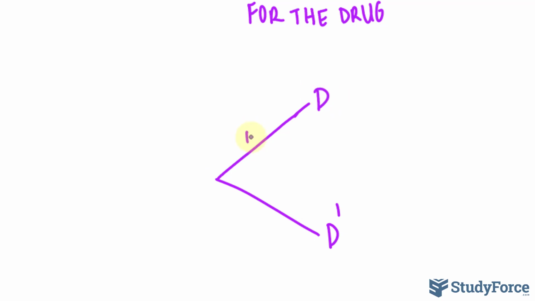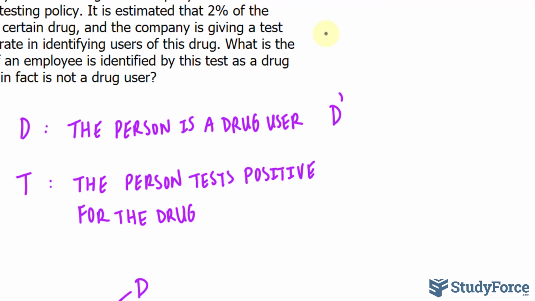I'll represent that as 0.02, and a 98% chance that it goes to this branch. Essentially what we are looking for is the probability of D prime under the condition that they have tested positive. And that's what we're looking for.